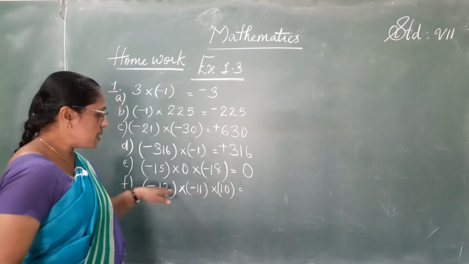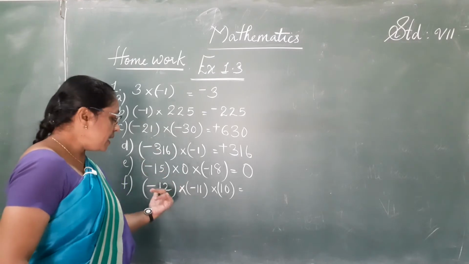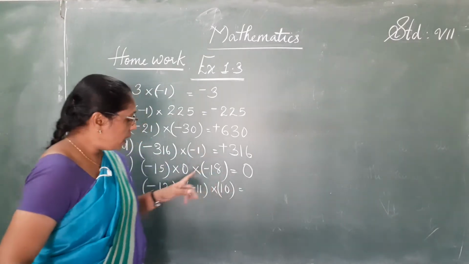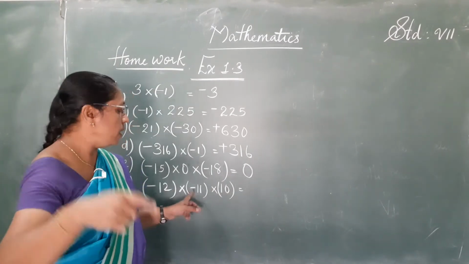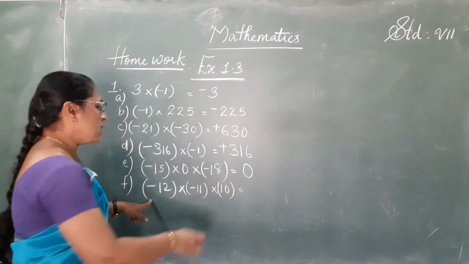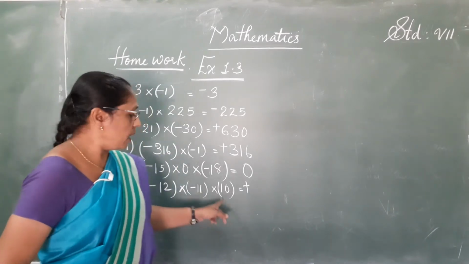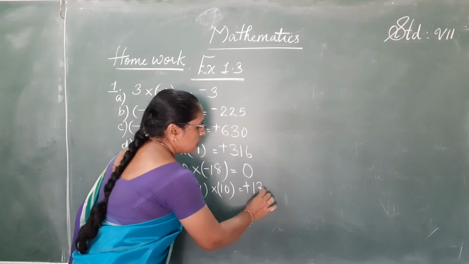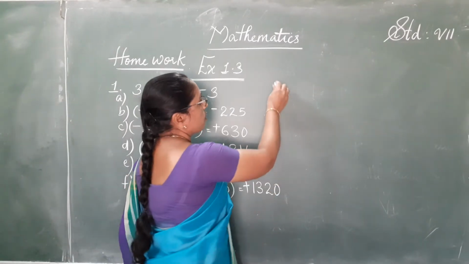We also learned in the previous class that when the negative sign comes an even number of times, meaning 2 times, 4 times, 6 times and so on, the answer will be positive. So multiply 12 and 11 to get 132, into 10, so 1,320.